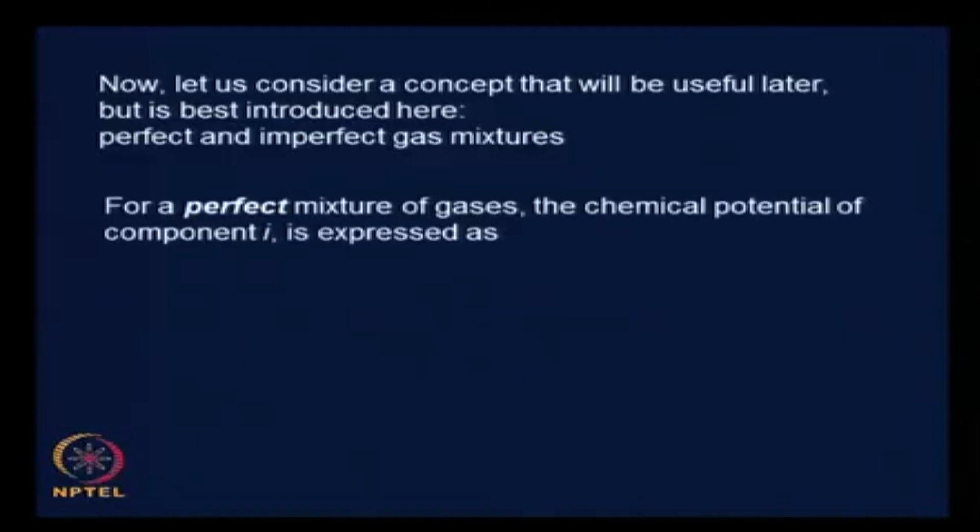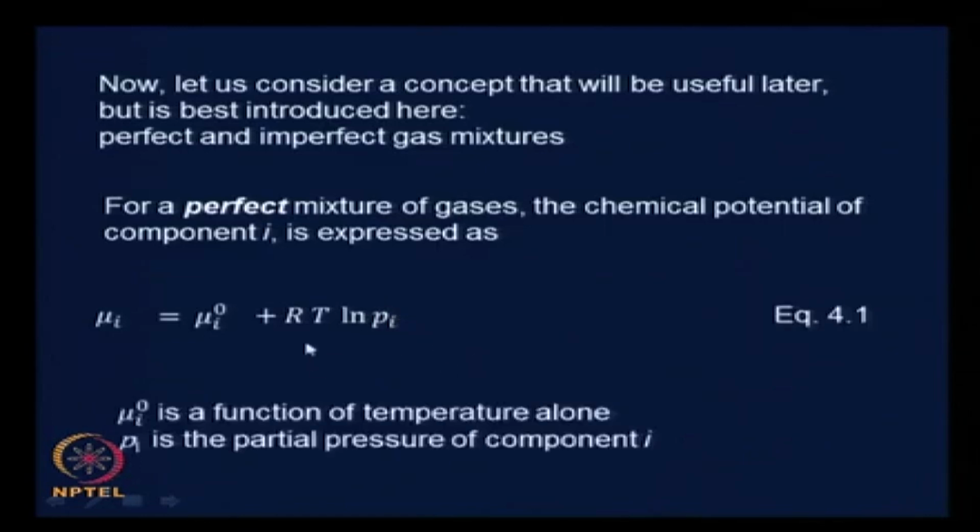The perfect gas mixture is one for which the chemical potential of the component i, for each component, is expressed as mu i equals mu i naught plus RT ln Pi, the partial pressure of the component i, and mu i naught is a function of temperature alone as earlier, and this is a perfect mixture of gases.